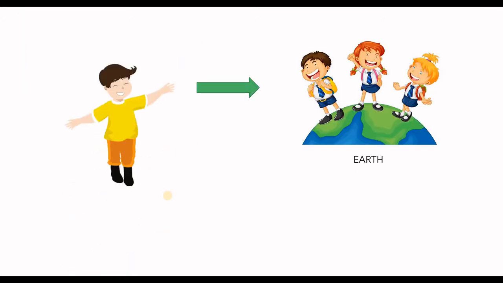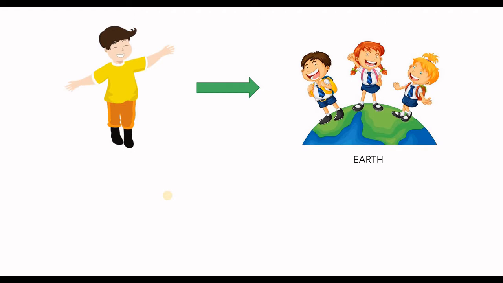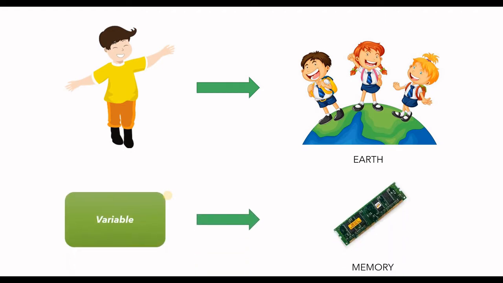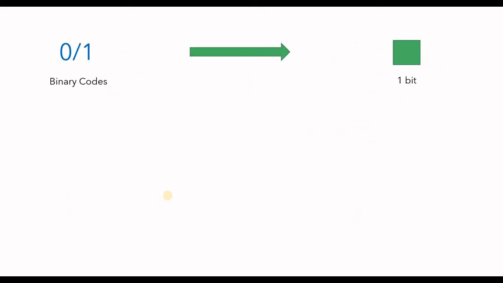Just as you occupy space on Earth, similarly, a variable occupies space in memory. Now, how does it do so? A computer understands only the binary codes, that is 0 and 1. So, a block is created inside a memory which stores either 0 or 1. And that block is called a bit. Alright, so a bit is going to store either 0 or 1.